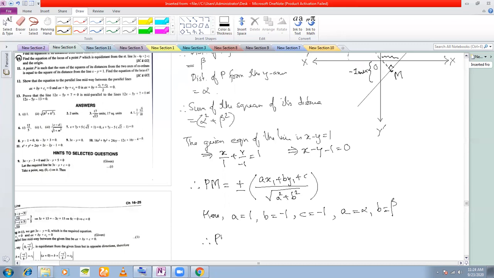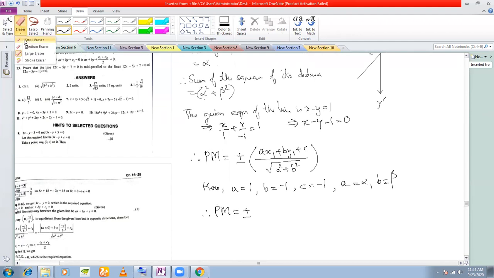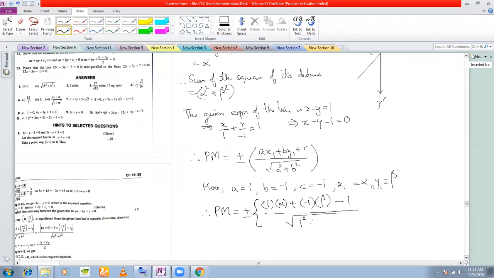So what is PM? PM is plus or minus (A x1 plus B y1 plus C), which is minus 1, by root over 1 square plus minus 1 square.